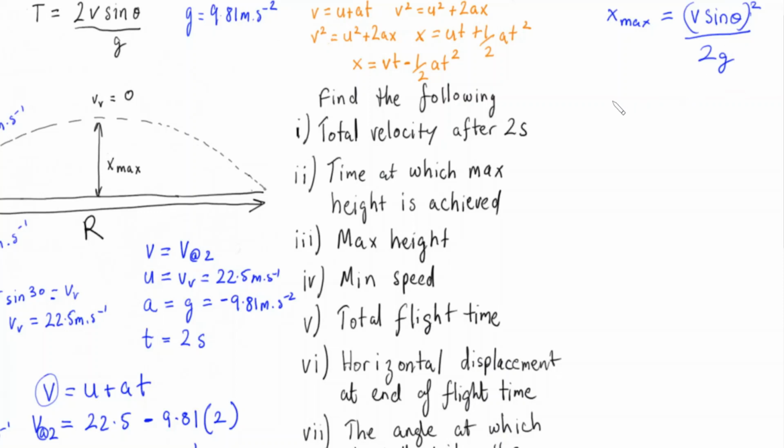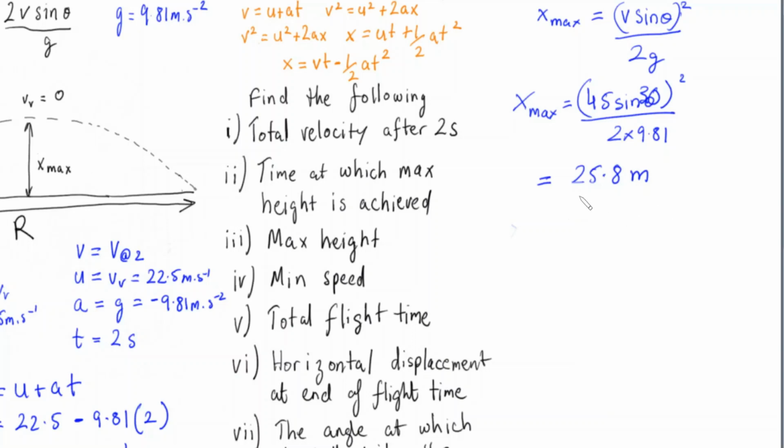And we already know all the values for this, so x-max is going to equal (45 sine 30) whole squared, divided by 2 times 9.81. So we can go ahead and plug that into our calculator to give us 25.8 meters.